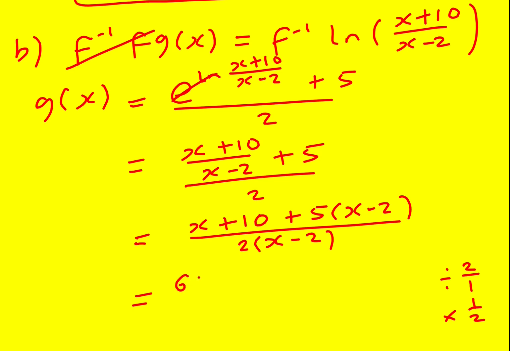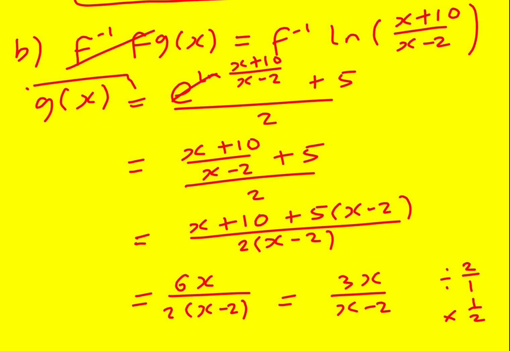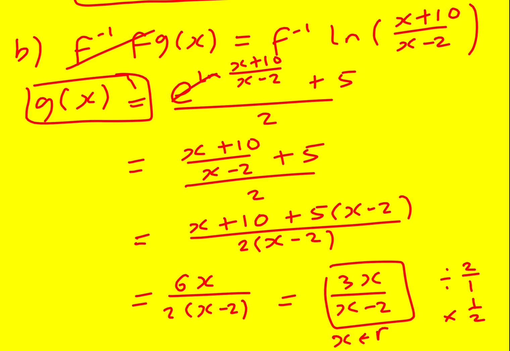Simplify this, so I'm going to get 6x, plus 10 and minus 10. And I'll cancel out a common factor of 2 to leave me 3x over (x − 2). And we found g of x. Brilliant. Just going to, again, define a domain. x can be any real number, but x is greater than 2.